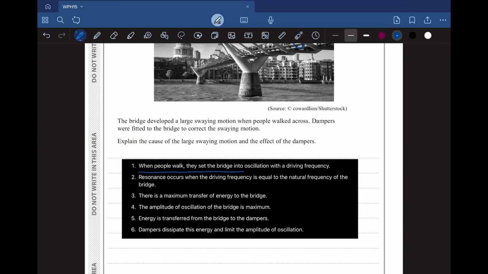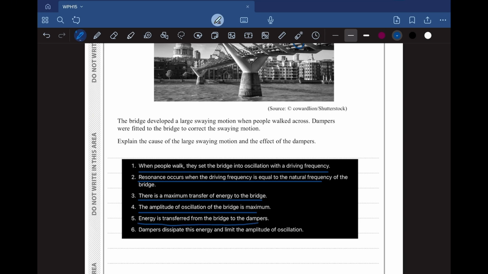Now it says when people walk, they set the bridge into oscillation with a driving frequency, and then resonance occurs because the driving frequency is equal to the natural frequency of the bridge, and there will be a maximum transfer of energy to the bridge. When resonance occurs, there is a maximum transfer of energy, and when the maximum energy is transferred, the amplitude of oscillation of the bridge is maximum.